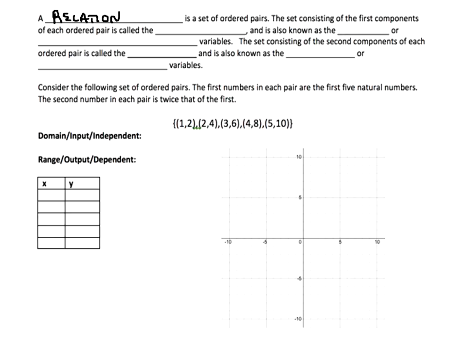So the set consisting of the first component, in other words, the X values of the ordered pair, is called the domain. So if you gather up all of the X values for that relation, that's called your domain.